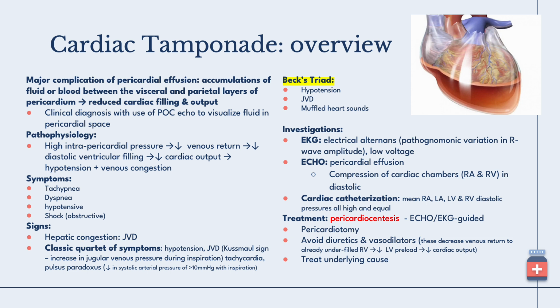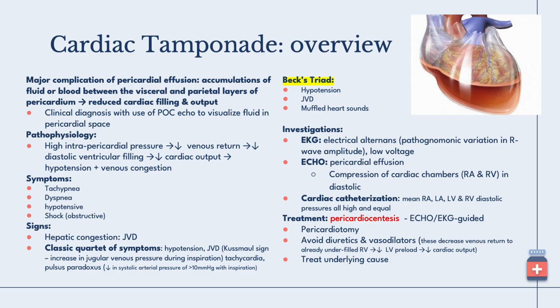Treatment is going to be pericardiocentesis, so either an echo or EKG guided pericardiocentesis, where you're taking a needle and withdrawing the fluid from the pericardial sac. You can do a pericardiectomy where you're actually placing a pericardial window where the fluid can drain. You want to avoid diuretics and vasodilators, as those decrease venous return.